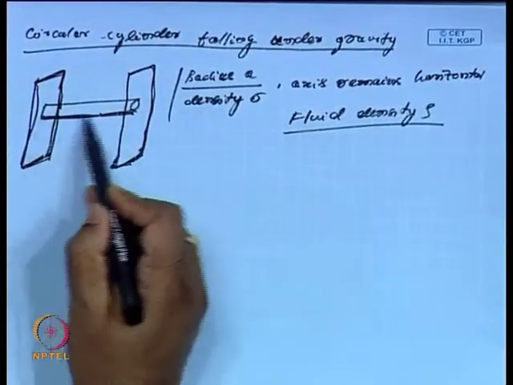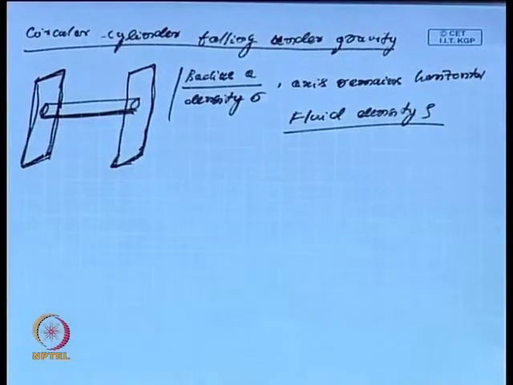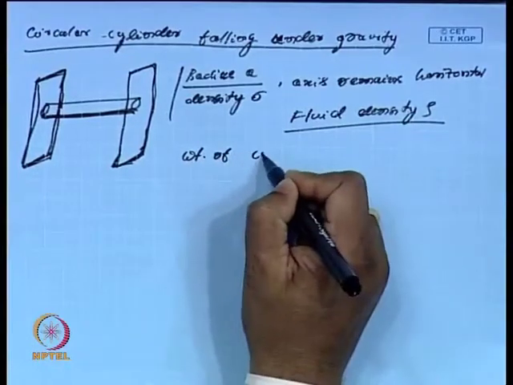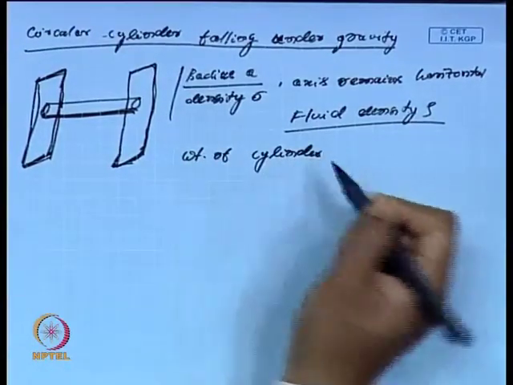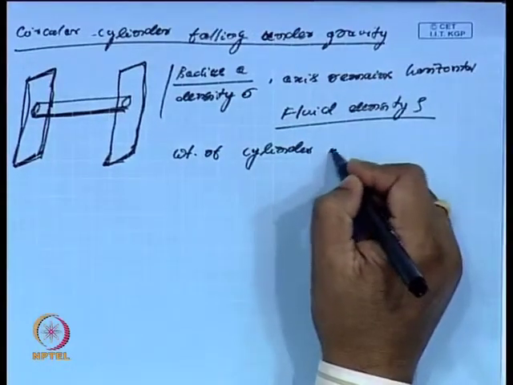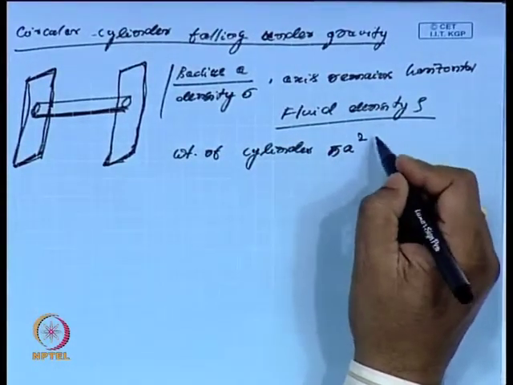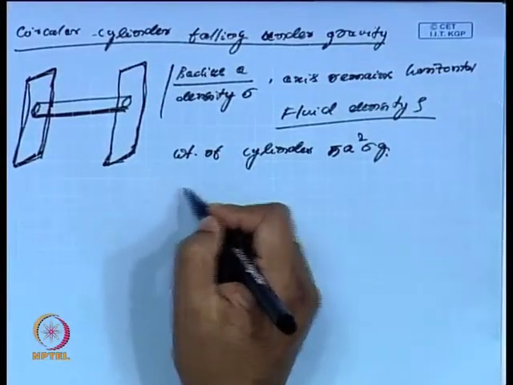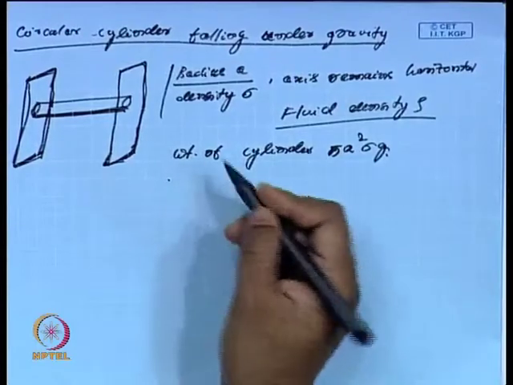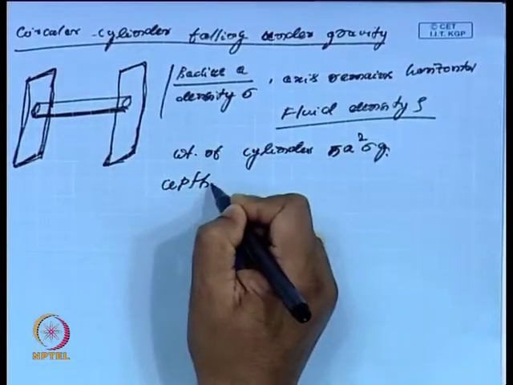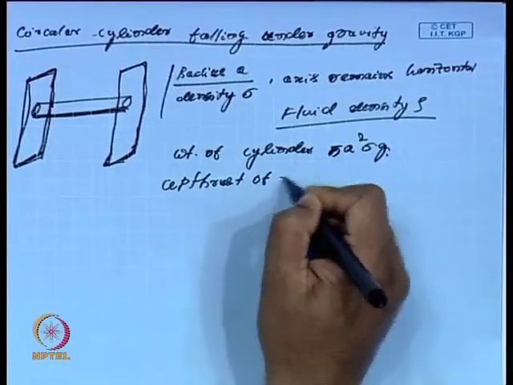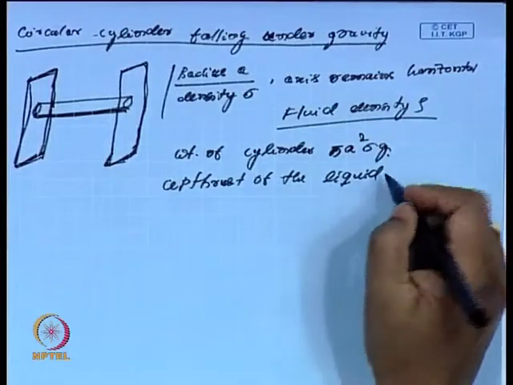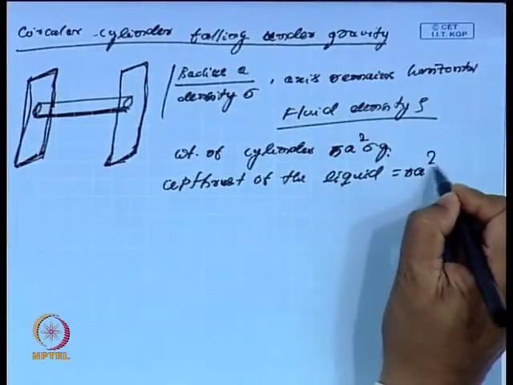So, the cylinder is falling, and what is the weight of the cylinder? The weight of the cylinder will be pi a square sigma into g. Then what is the upthrust of the liquid? It will be pi a square rho g.